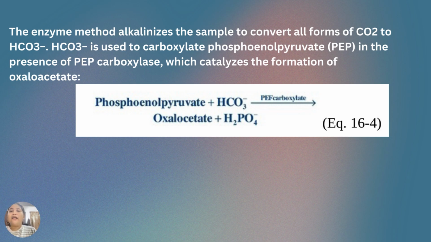The enzyme method alkalinizes the sample to convert all forms of CO2 to HCO3. HCO3 is used to carboxylate phosphoenolpyruvate, or PEP, in the presence of PEP carboxylase, which catalyzes the formation of oxaloacetate, as you can see in equation 16-4.